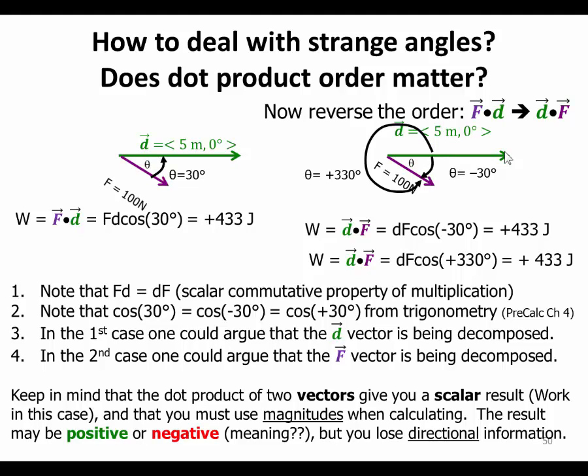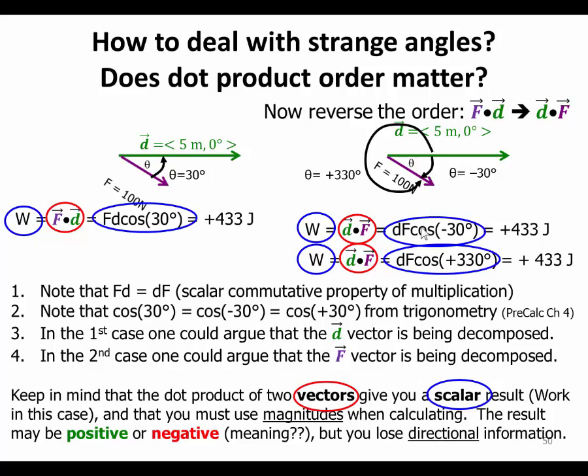So finally, let's look at some big ideas here. Keep in mind that when you're using the dot product of two vectors, the result is going to be a scalar. These are vectors, so this is called a vector dot product, and the output of this is work, which is a scalar quantity. And remember that when we turn this dot product into some math we can crank out, we use the magnitudes of these values.